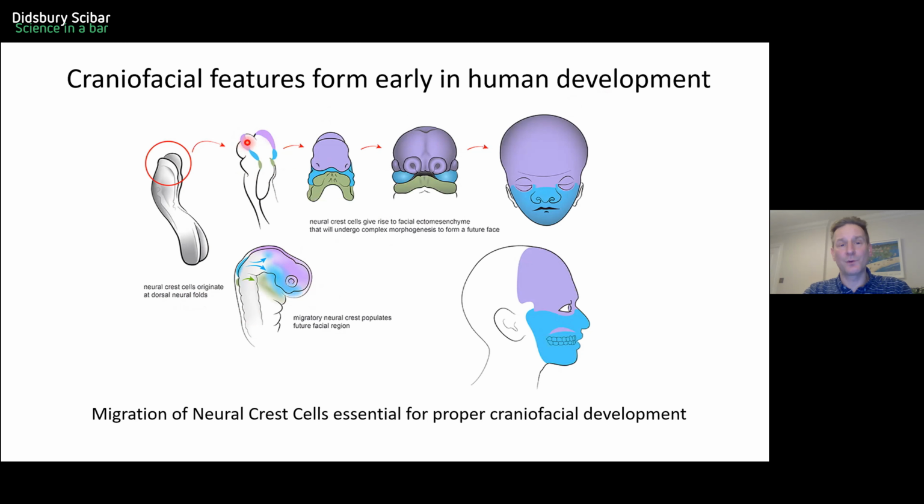These purple ones will go on to make the higher part of the head and the eyes, and these blue ones more the lower jaw and the nose area. When they get to those different areas, they start differentiating and forming the craniofacial structures that you find in a fully developed head. And it's the migration of these neural crest cells that is essential for proper craniofacial development.